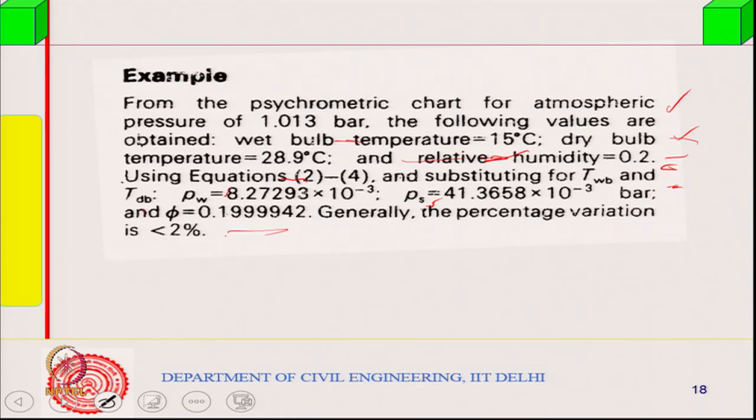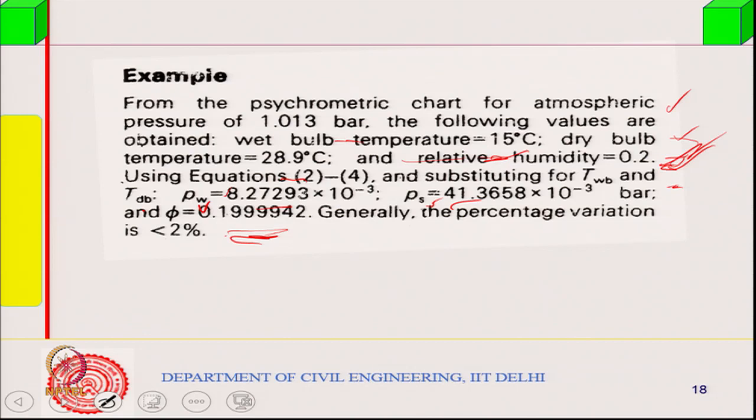So, from the psychrometric chart you get 20% as the relative humidity. Use the formula, just check it yourself. You will find that the PS value is this, the PV value is this, and when you calculate the phi value, it will turn out to be 0.199.